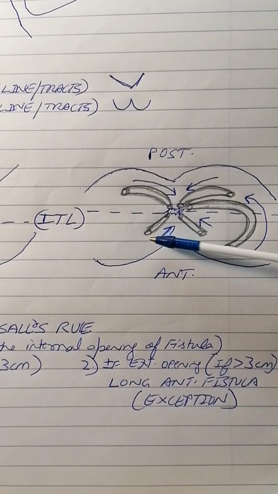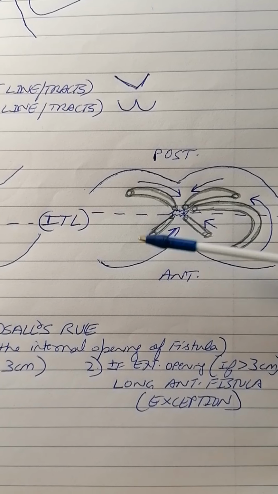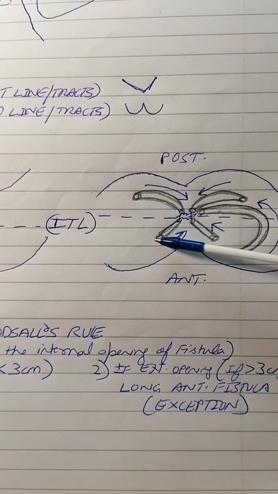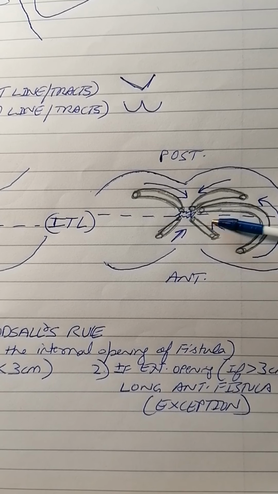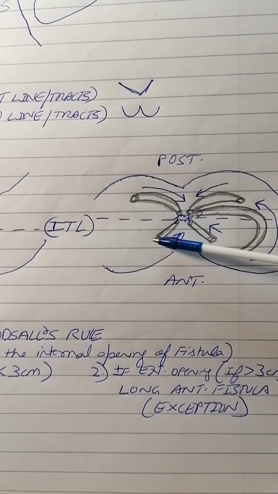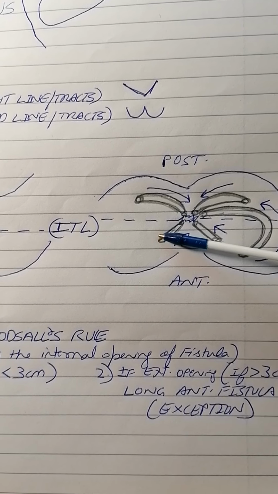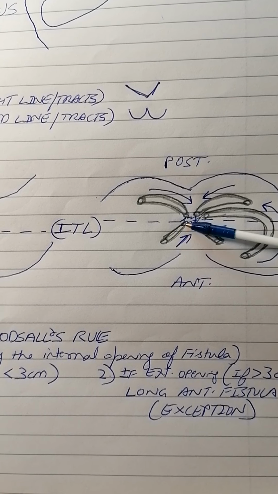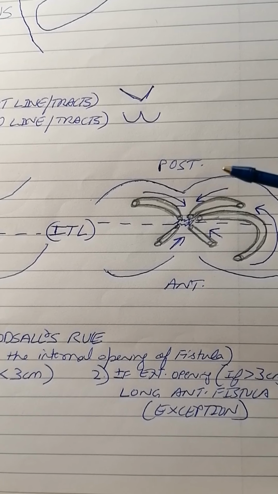And if you see an external opening in the skin that is anterior to the imaginary line drawn through the anus, then you can assume that the fistula would be straight. These are important because of the treatment purposes.